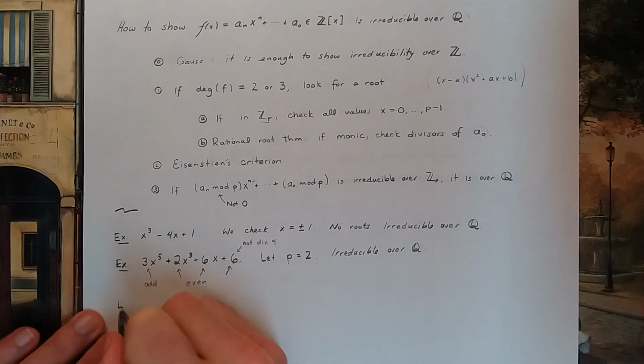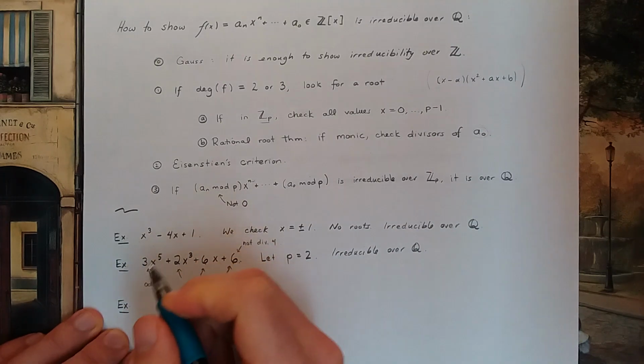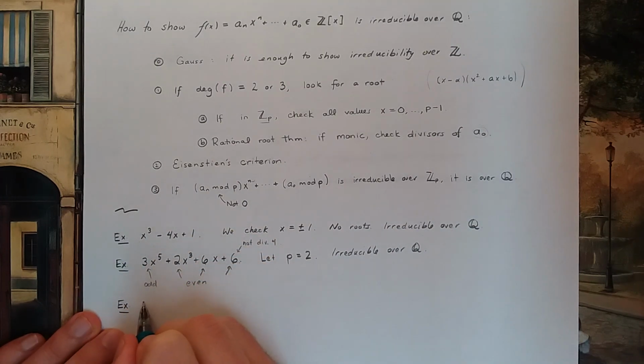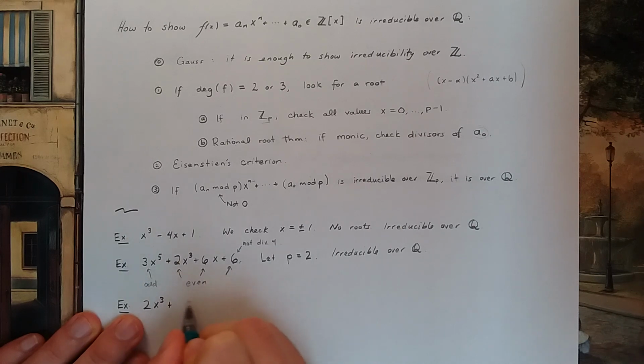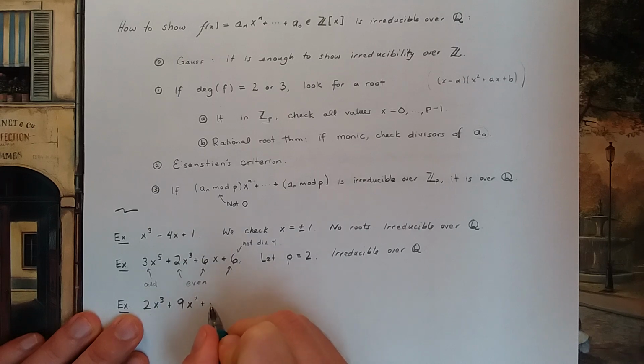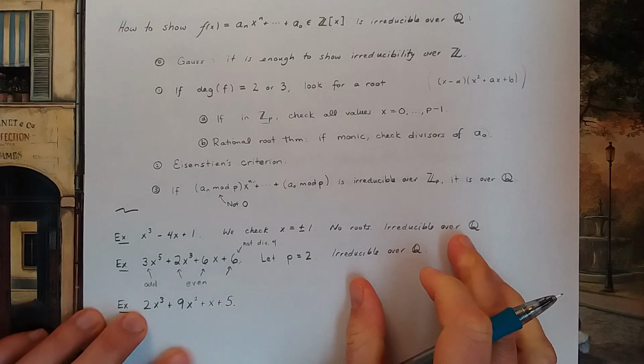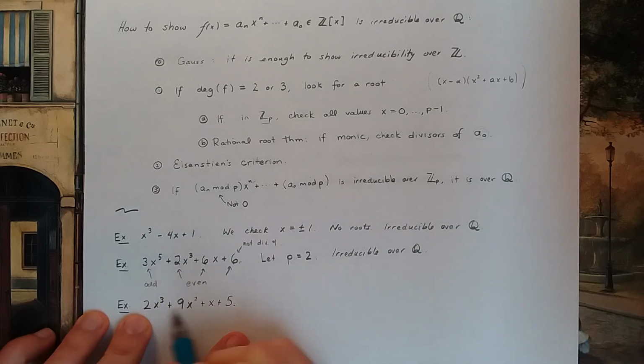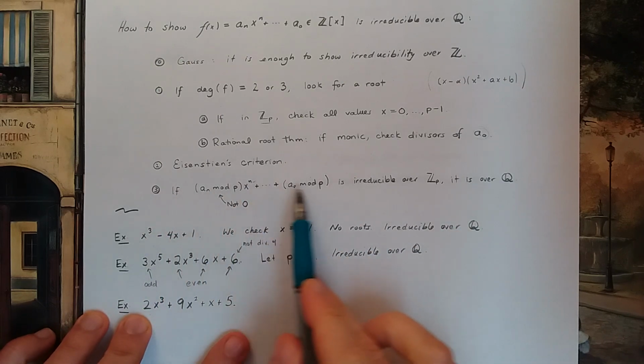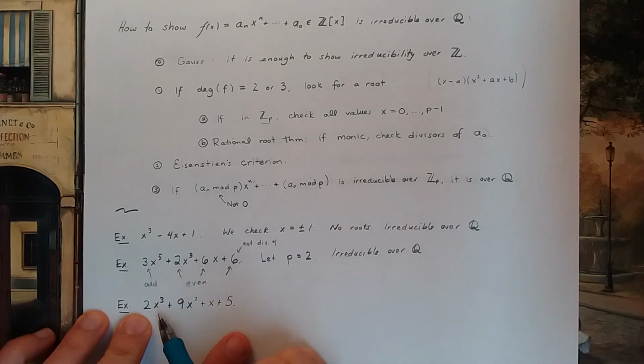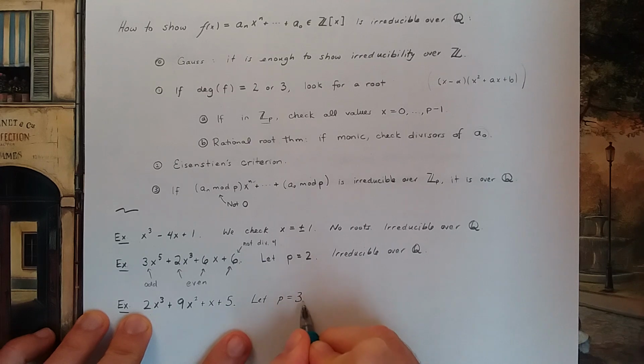Let's finish this video with a final example. How about if I look at 2x cubed plus 9x squared plus x plus 5? Well, for this one, I'm going to use statement 3 here. I'm going to take p equals 3.